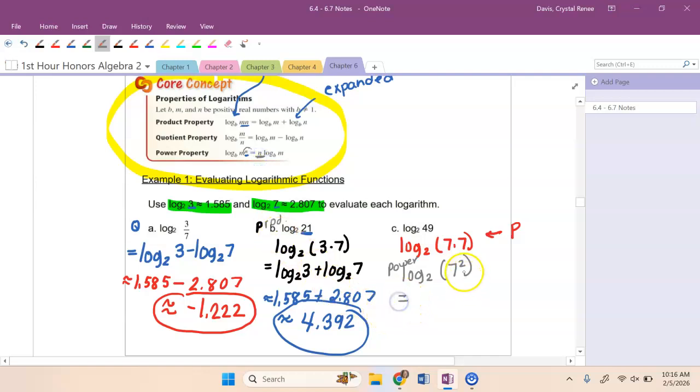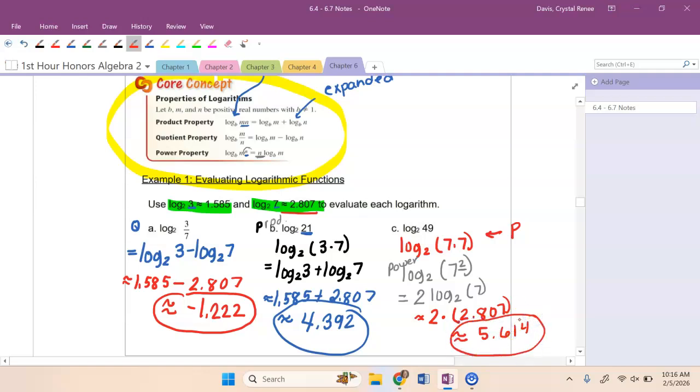So this is going to equal, my exponent's 2, so it'll be 2 times log 2 of 7. Well, I know what log 2 of 7 is. It's right here. So this would be about 2 times 2.807. And if I put that into my calculator correctly, that gives me roughly 5.614.